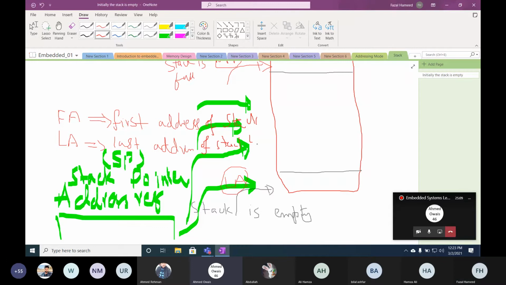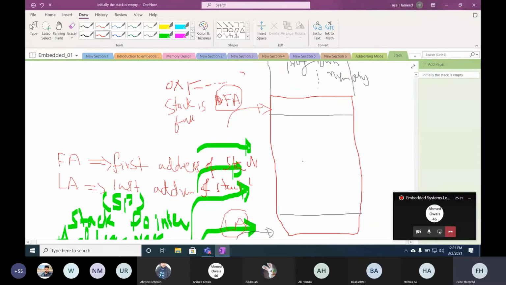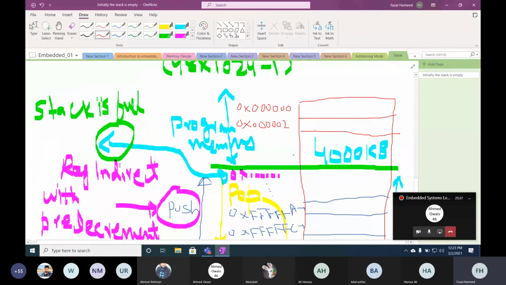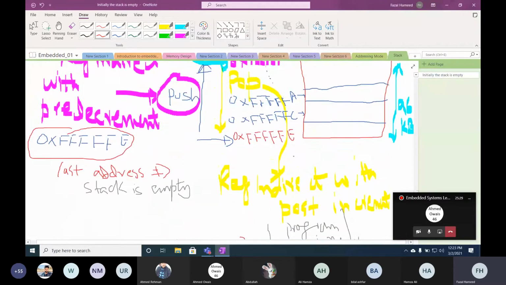Sir, but this register will contain one address, so how can it address two? Yes, the register will contain one address, but it may point to one of the locations. How many locations do we have in the stack? I told you above how many locations we are storing in the stack.